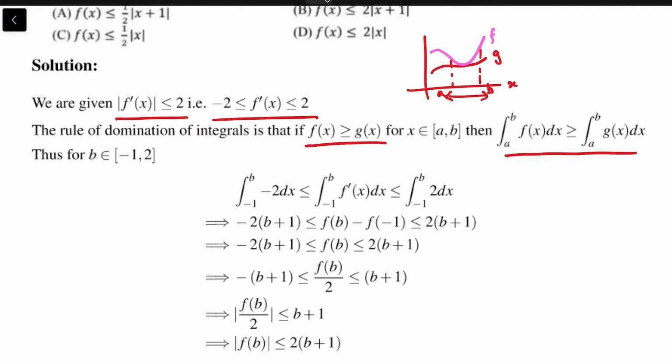So if f of x is greater than g of x, the integrals will also follow suit.